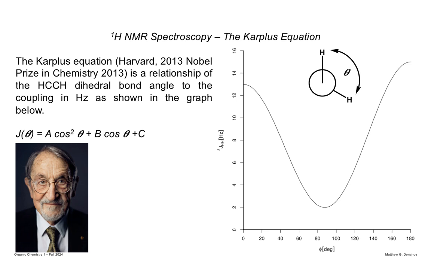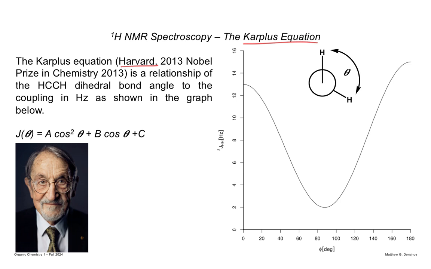And so that angle theta relates back to what's called the Karplus equation, which was developed by Karplus at Harvard, and he won the Nobel Prize in Chemistry in 2013 for this and related work on computational organic chemistry.